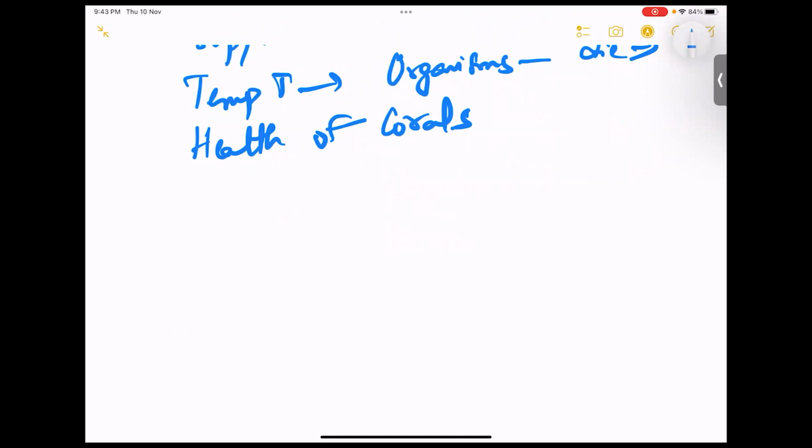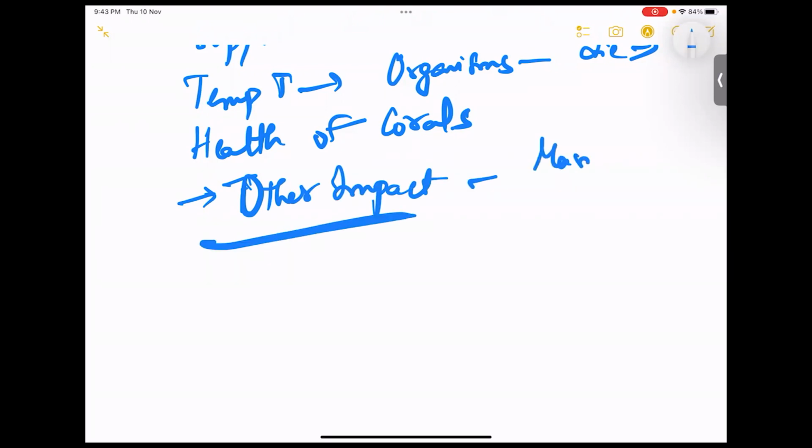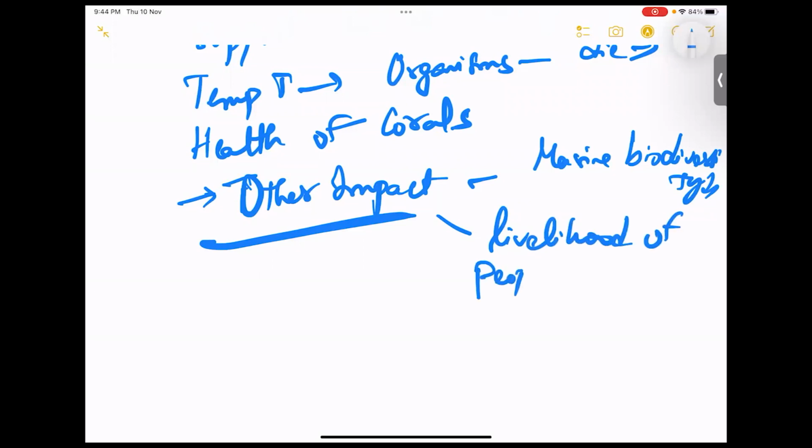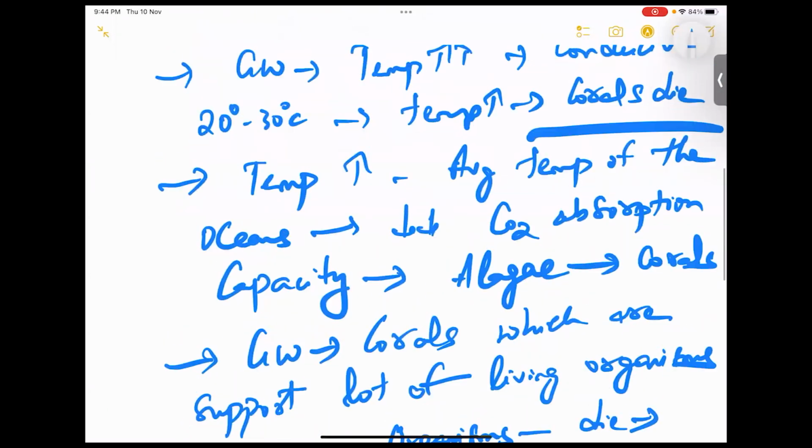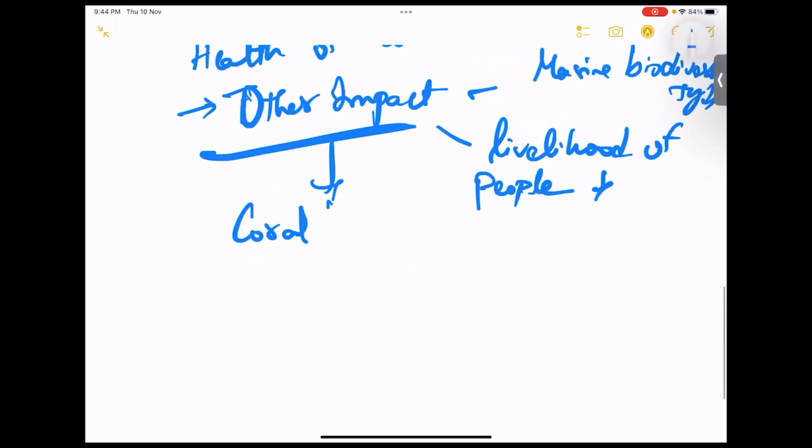Okay, and the other impact you can write: marine biodiversity reduces, the livelihood of people reduces. Okay, and then you can say coral bleaching is happening.